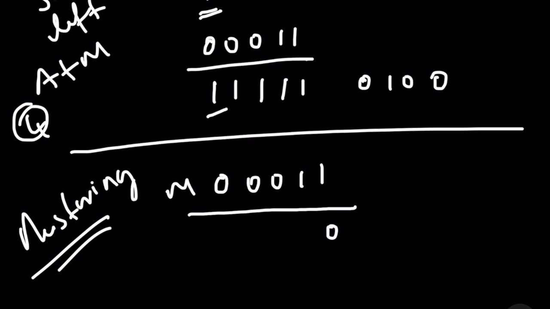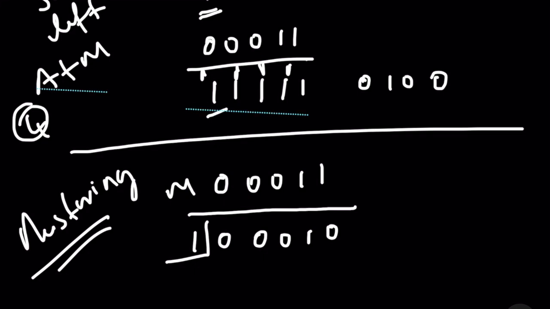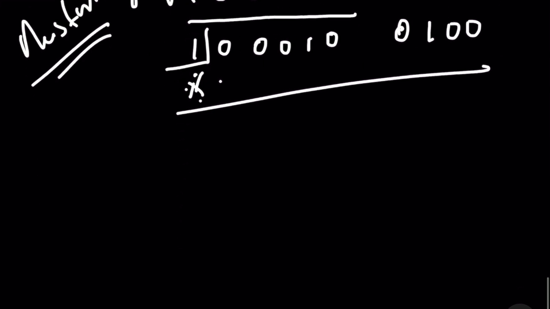So 0 1, so that became 1, and 1 carry, and again 0 1, 0 1. So 1 will be a carry and that will be ignored. Just remember this. And again the Q register will be retained as it is, 0100. So now this will be the final result.